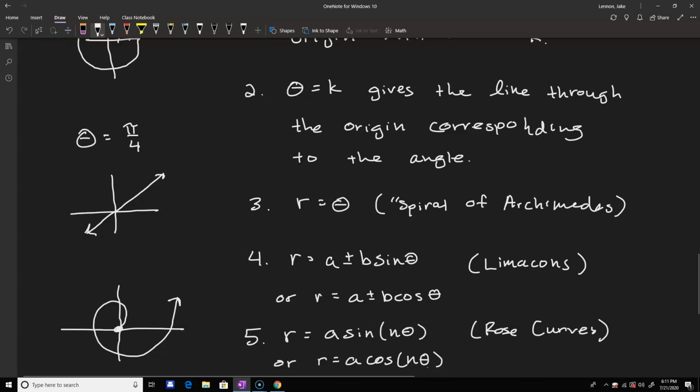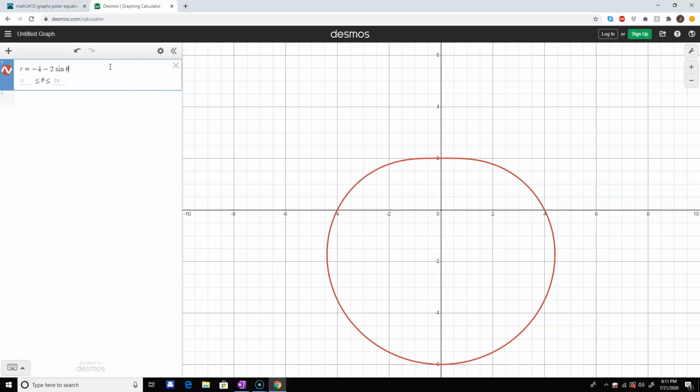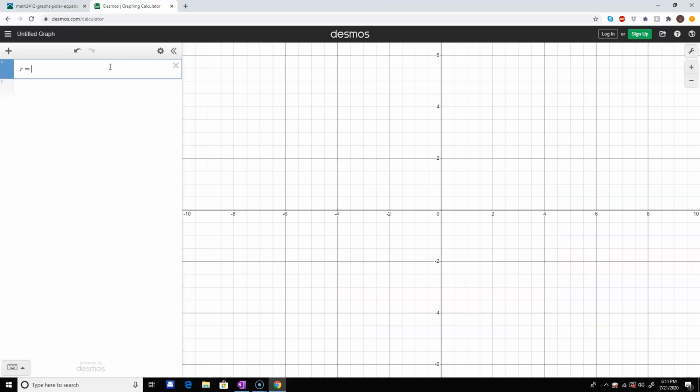So let's go back and look at some examples of this on Desmos. So maybe we have 3 times the cosine of, let's say, 3 theta. Notice this has 3 petals, and the sine will also have 3 petals.